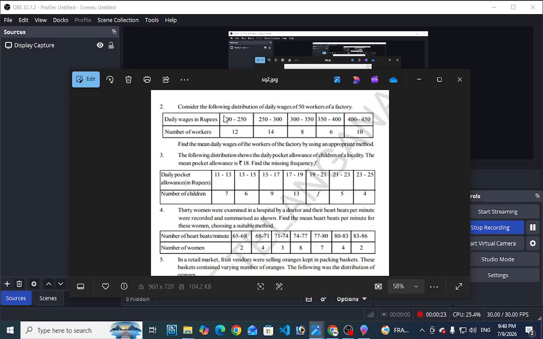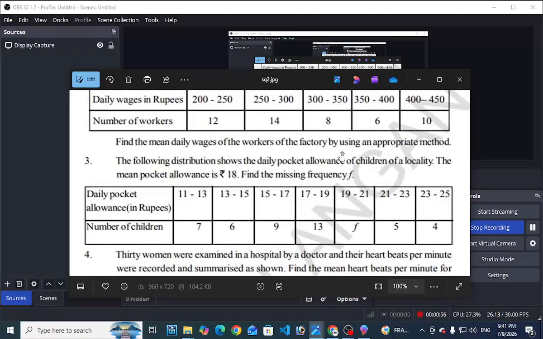Daily wages in rupees and number of workers are given as a table. 200 to 250 rupees for 12 workers, 250 to 300 rupees for 14 workers, 300 to 350 rupees for 8 workers, 350 to 400 rupees for 6 workers, 400 to 450 rupees for 10 workers. Find the mean daily wages of the workers of the factory by using an appropriate method.